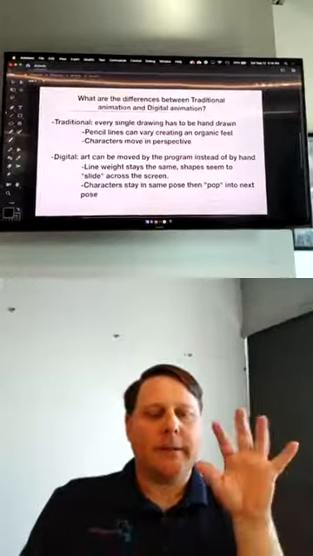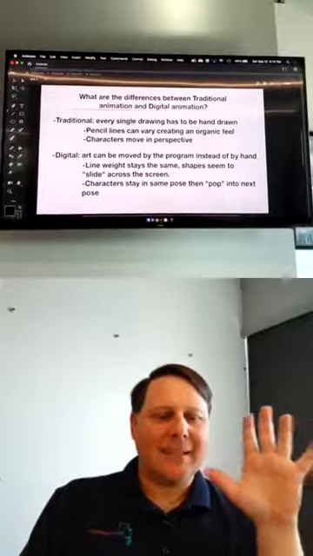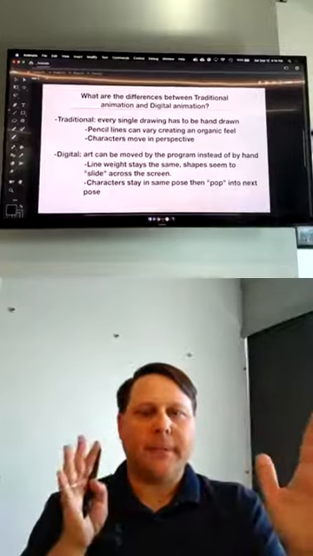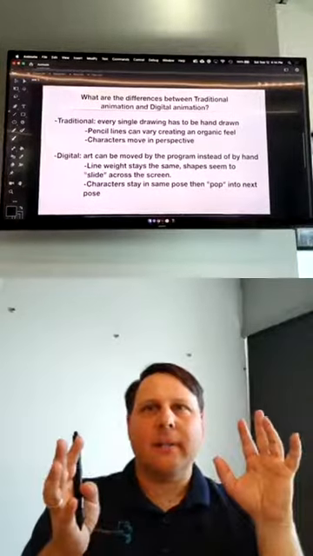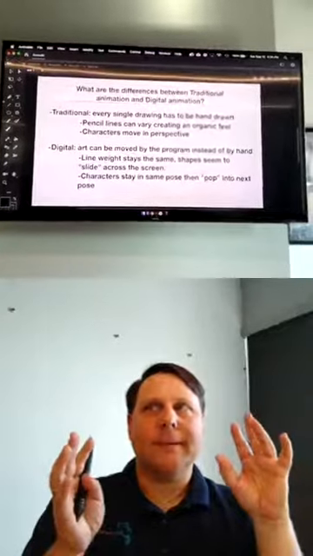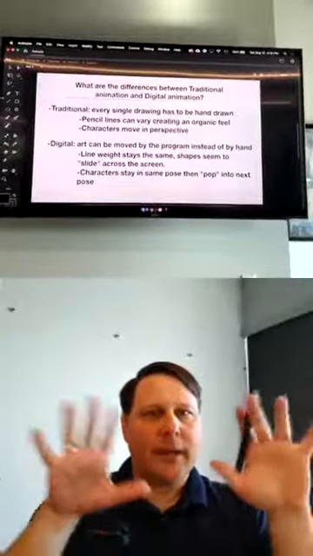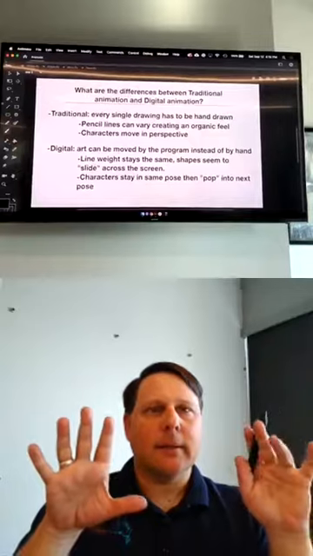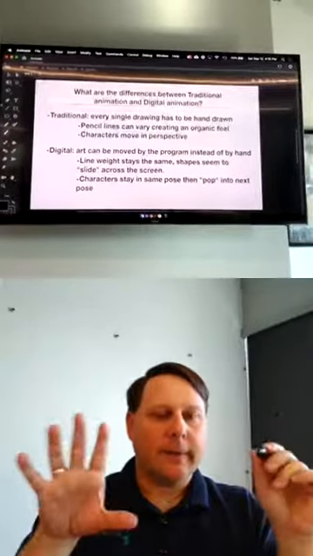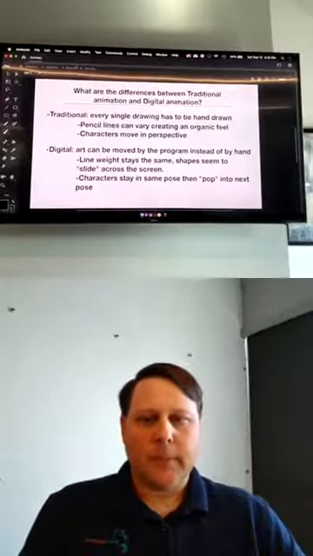And the characters tend to stay in the same pose and then kind of pop into the next one. It's very much a way to save time and money, if you can just draw the character once and manipulate it a little bit, then you can save time. Okay? So I'm going to pull up an example here.